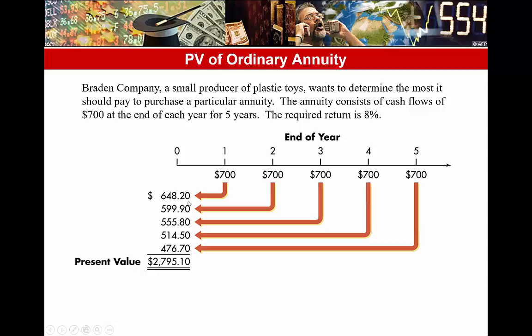Because if the company received any amount less than this, the future value would not be equal to $700. So we will discount the $700 one period, which is equal to $648.20.